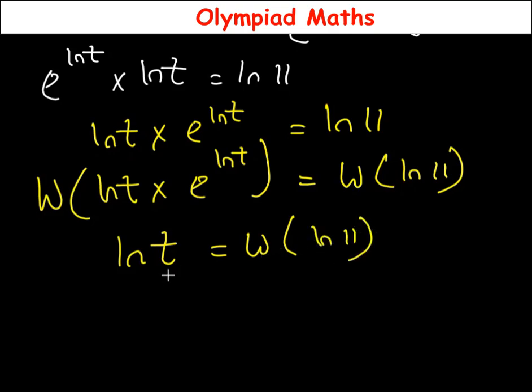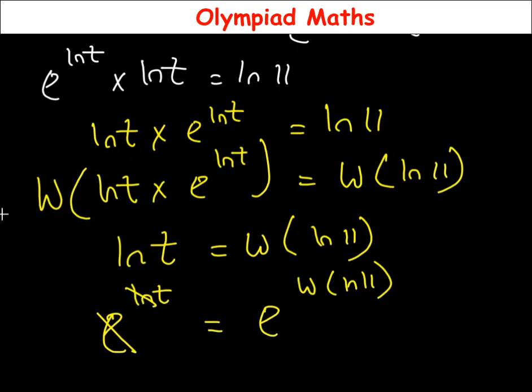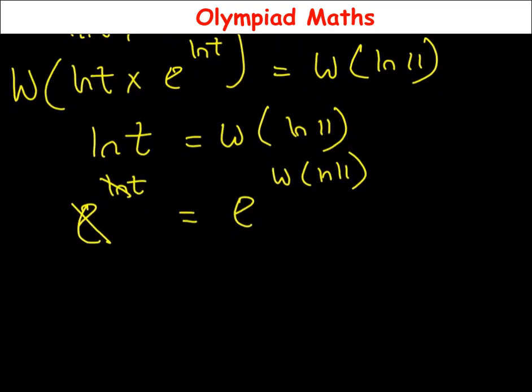Now at this junction, to solve for t, we're going to introduce e to both sides of the equation. So e to the power of ln t is equal to e to the power of W of ln 11, such that e cancels ln, and what you have is t standing alone. So t is equal to e to the power of W of ln 11.